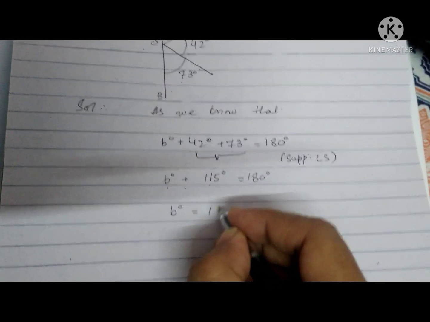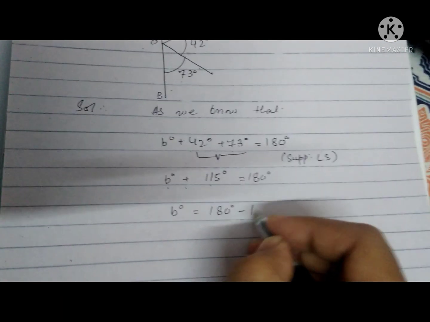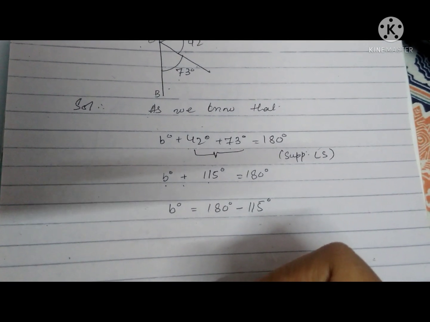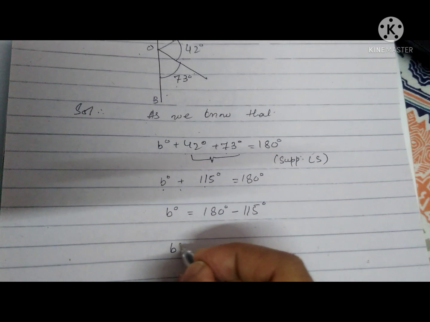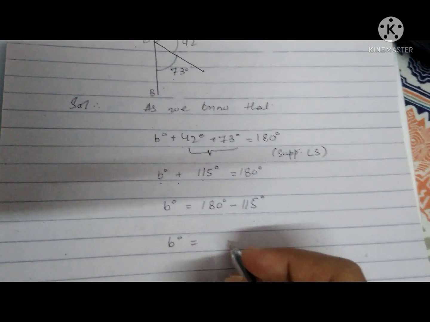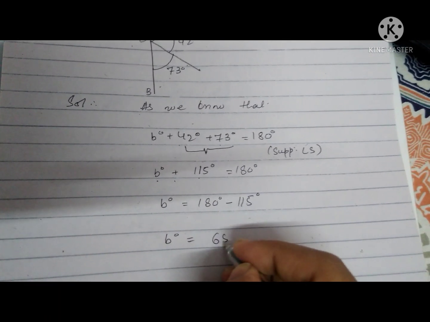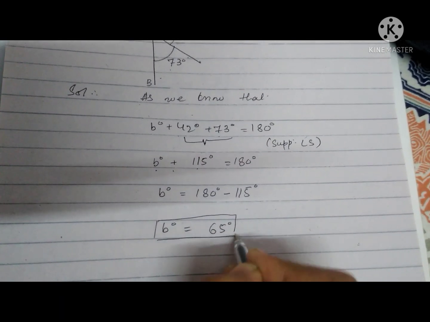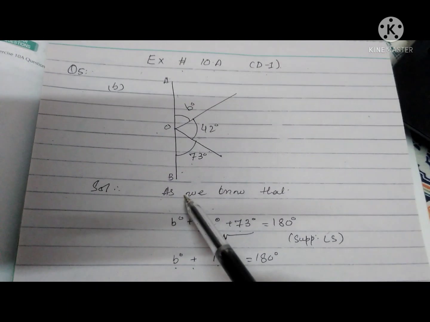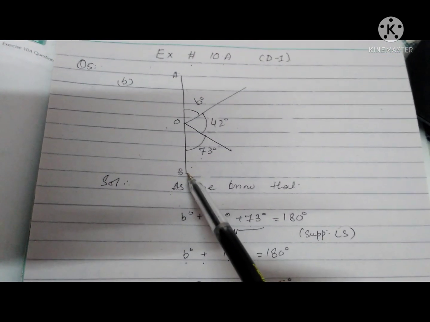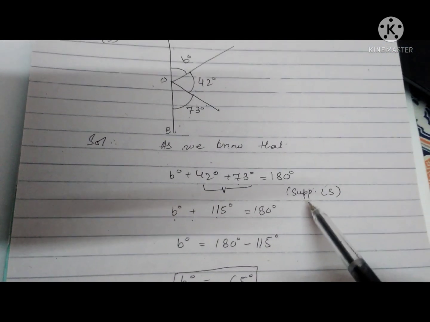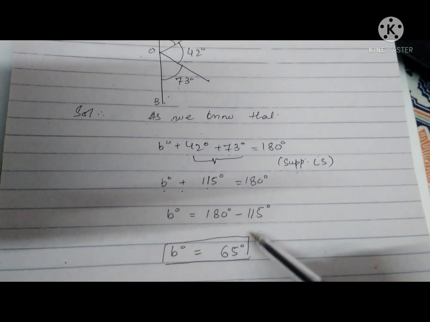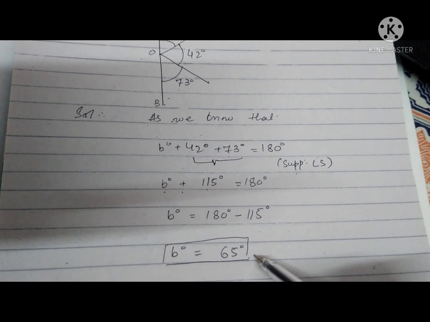After shifting, it will change its sign and become minus 115 degrees. Then just simply subtract them, and you will get the value of B. So this is a straight line. By using the property of the supplementary angle, we find out the value of B.